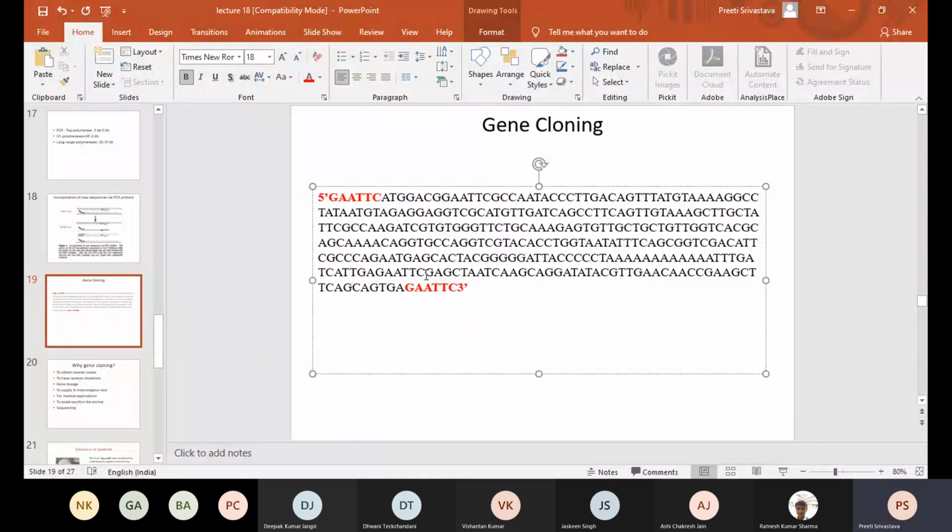In this case, class, we can add a recognition sequence for EcoR1, and the recognition sequence for EcoR1 is GAATTC. But when we do this, we will have to provide a few extra bases as well, and these extra bases can vary.